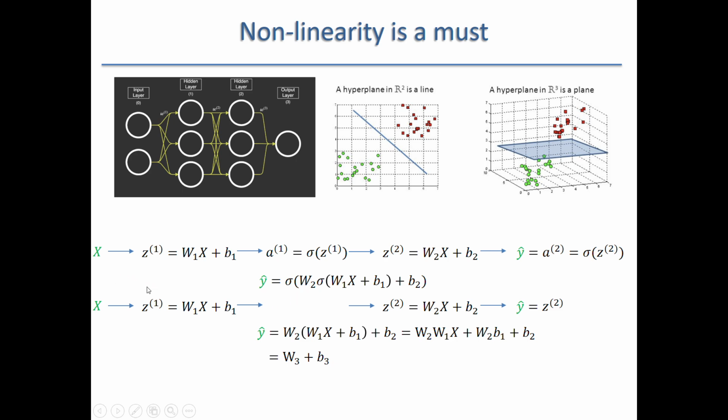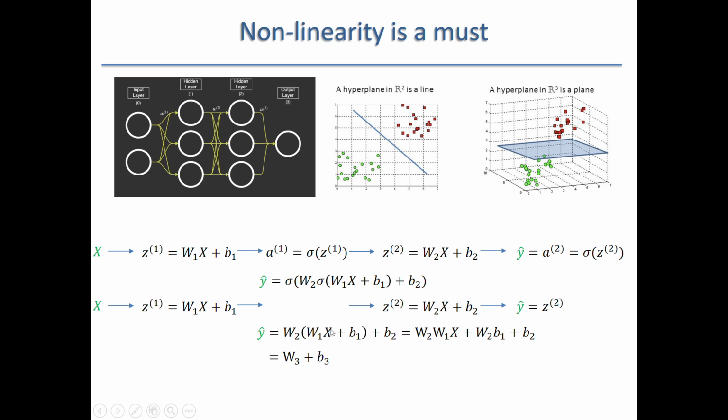But now let's remove the non-linearity. So this is the first part that is the same as in the non-linear case, but now we don't have this non-linear function. So the second layer is doing the same operation, and our output is just the output of the last layer. Okay, so now let's compose this function.